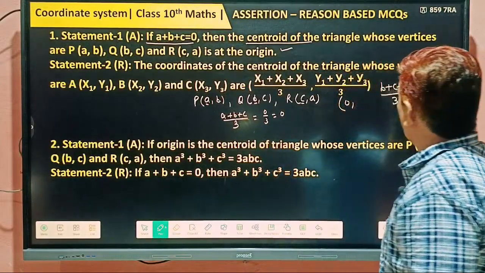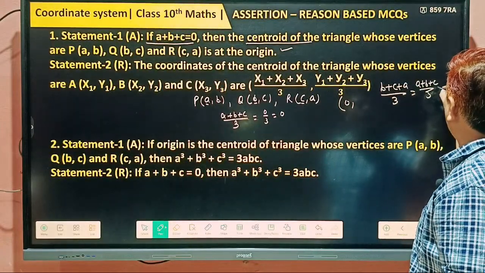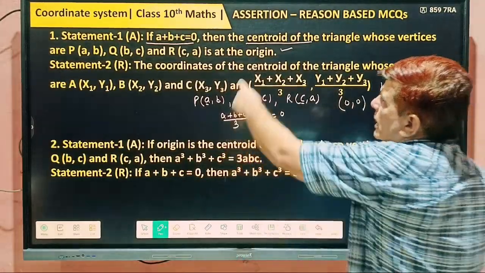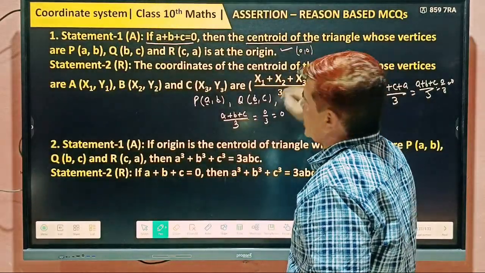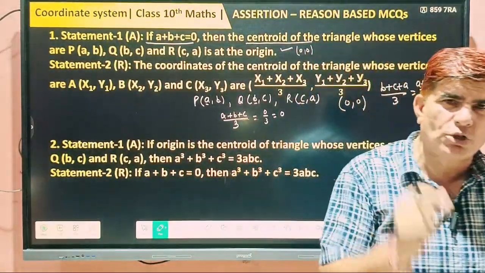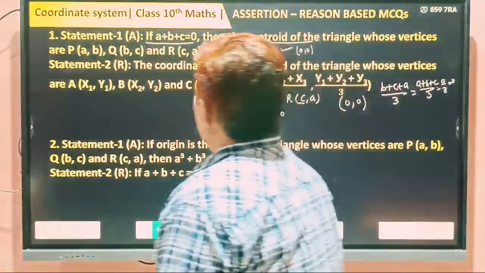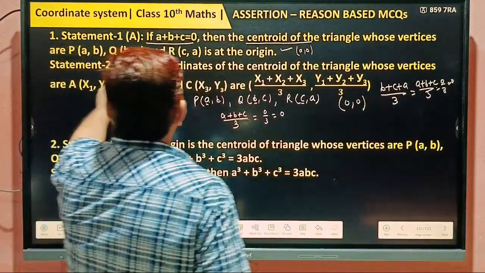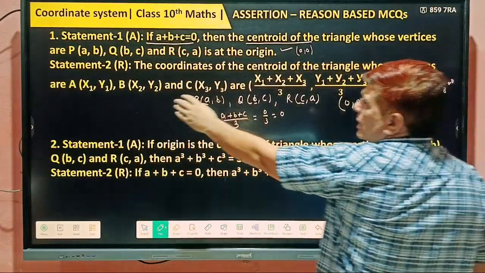So this we can write as A plus B plus C by 3. But this is 0 by 3, again 0. So it is at the origin. Origin means 0, 0, both coordinates. It means statement S1 is true. Now coming to statement S2, the coordinates of the centroid of the triangle whose vertices are these.